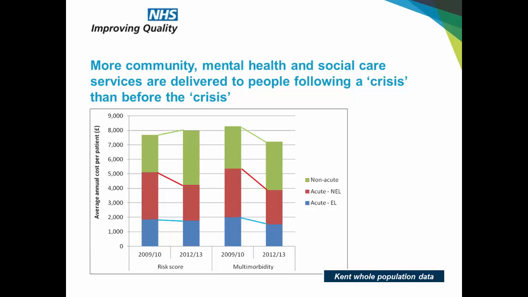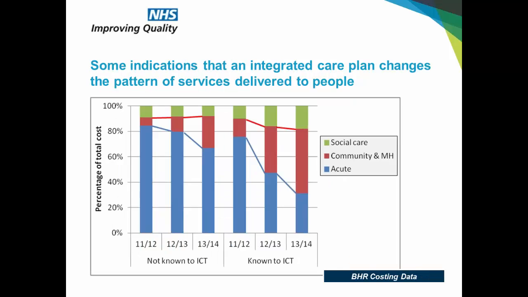And you can see also that following a crisis, more community mental health and social care services are delivered to people. So again, having the crisis appears to trigger the support, and I think one of the things we're always asking ourselves, and particularly those of us who are very familiar with the Kaiser Permanente triangle, is about how you can get to people before they have their crisis.